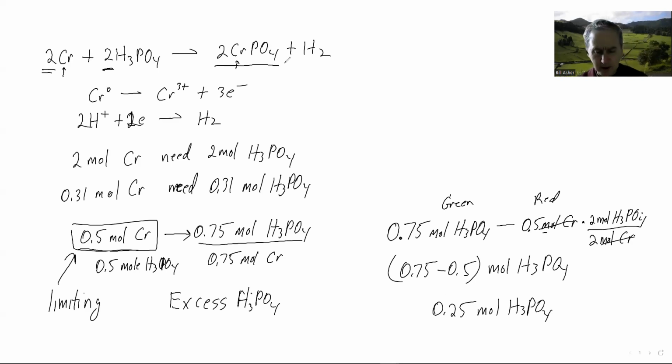Now, if I'm trying to figure out how many moles of chromium phosphate, CrPO4, I'm going to form from that, right? So I would do that as, okay, I'm going to use up all my chromium.